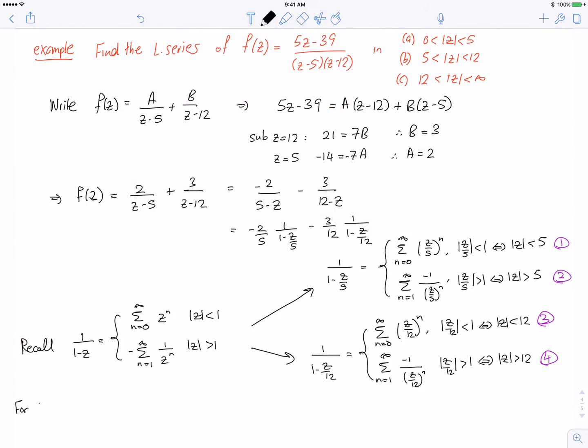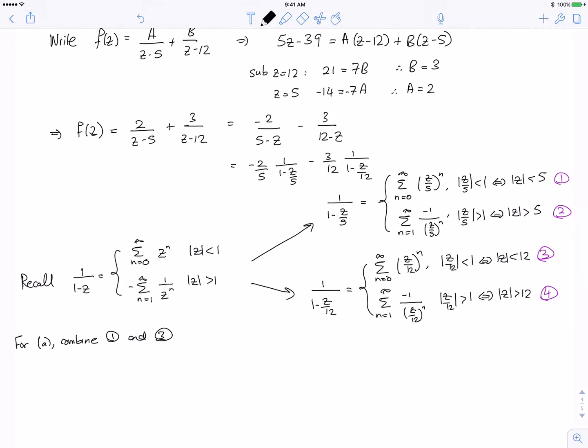For part A, you can combine 1 and 3. So what do you get? You get f of z is equal to negative 2/5 times the series from 1.